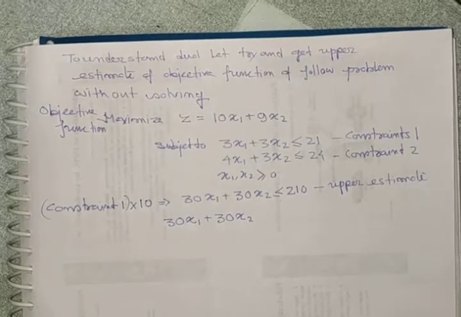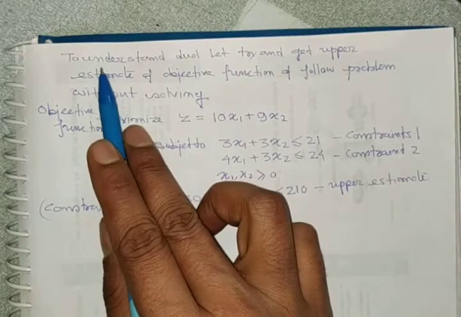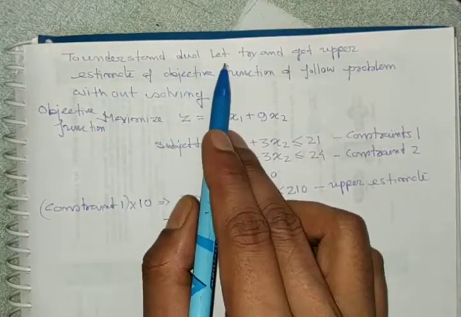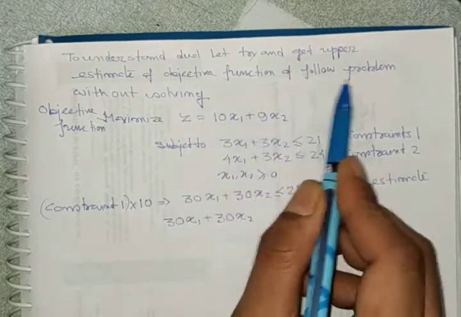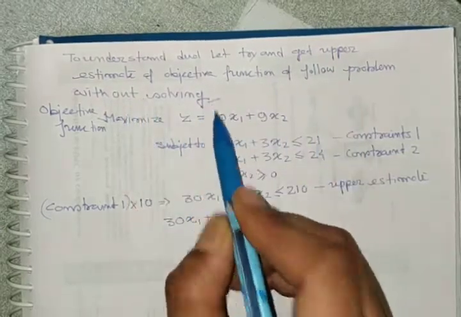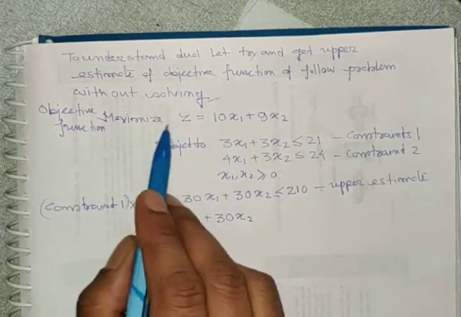So let's try to understand what duality is. Before going to that, to understand the dual, let's try to get an upper estimate of the objective function of the following problem without solving it.